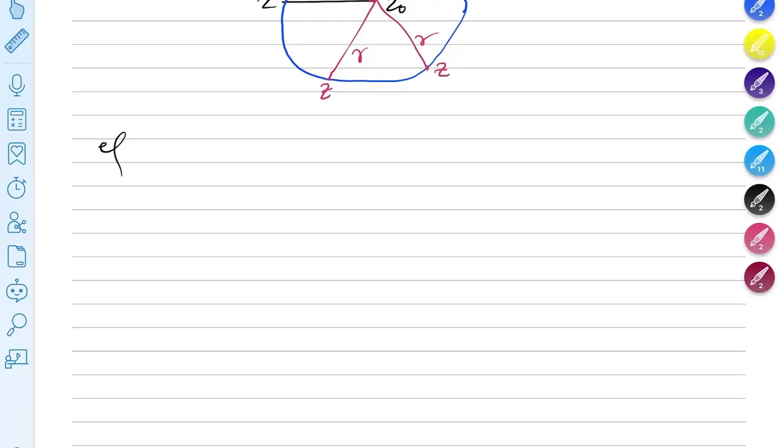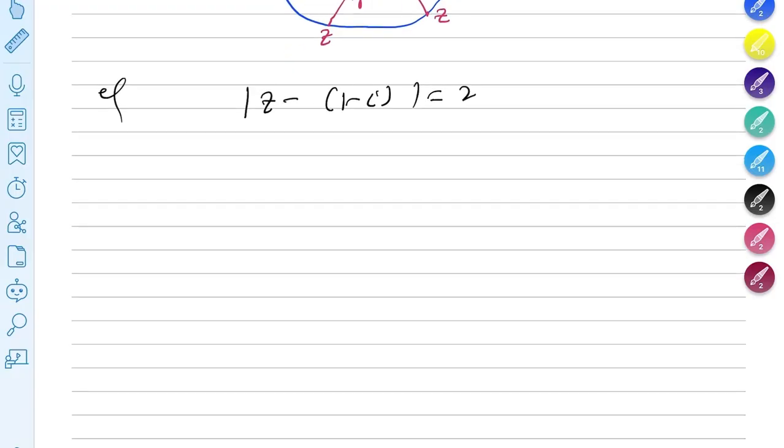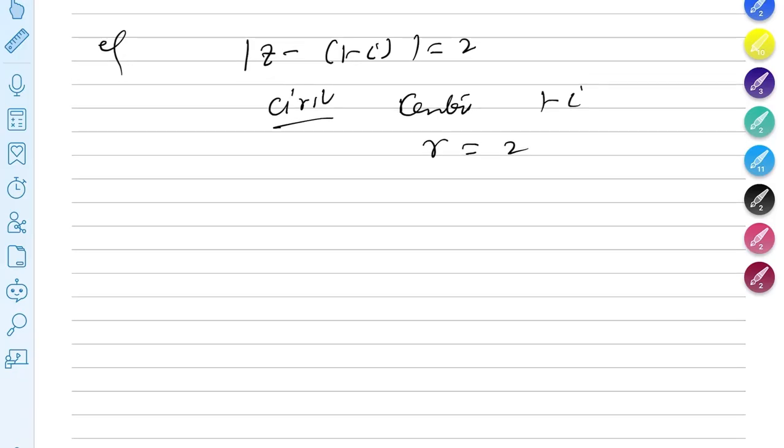Let's take an example. Let's say I take mod of z minus 1 minus i is equal to 2. What does this represent? This represents the equation of a circle with center 1 minus i and radius 2. Now let's think of it like this.